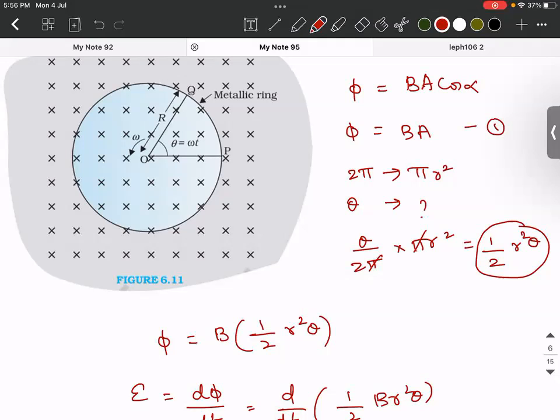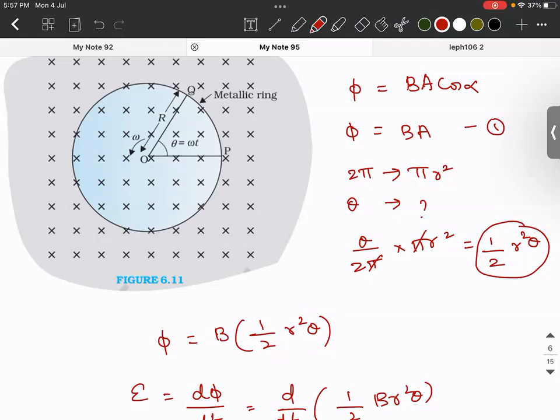Center will be positive because it's very simple, guys. Listen. This is the direction. This is O, this is P. According to you, the coil is revolving in this direction. Anti-clockwise means velocity vector will be in this direction, right? So there is an electron present inside. How do you find the direction of Lorentz force? Q into V vector cross B vector. From V vector, you need to curl the fingers towards B vector.